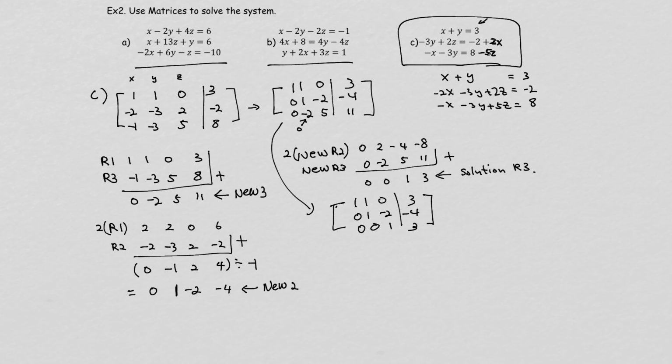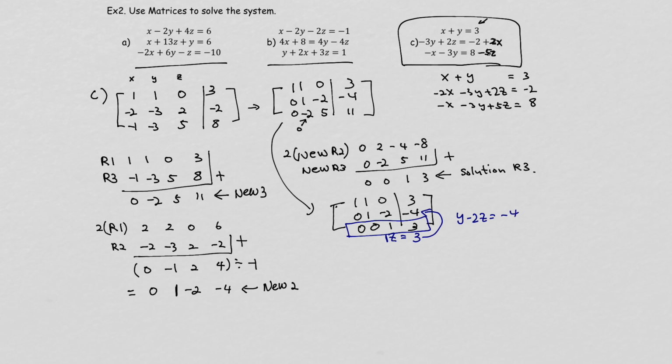So just looking at this, you can tell 1z is equal to 3. So that's what the third row gives you. With that, you can replace that into the second equation. Second row, which is y minus 2z equals -4.